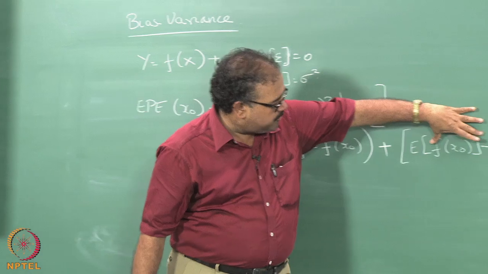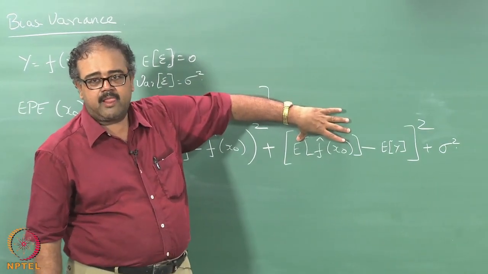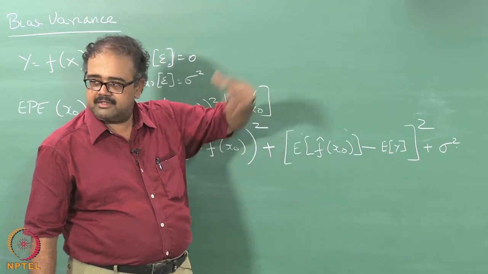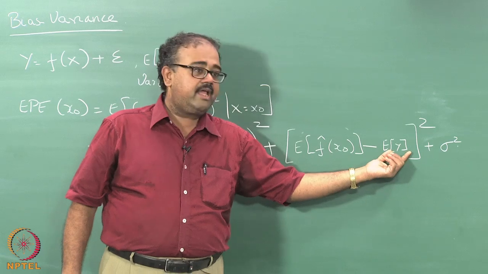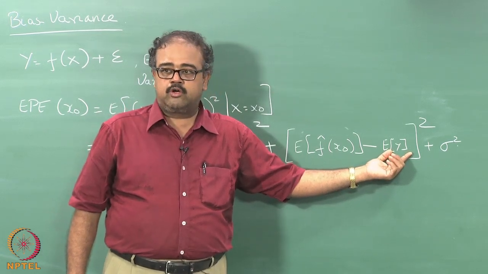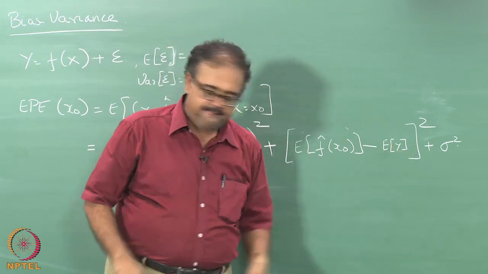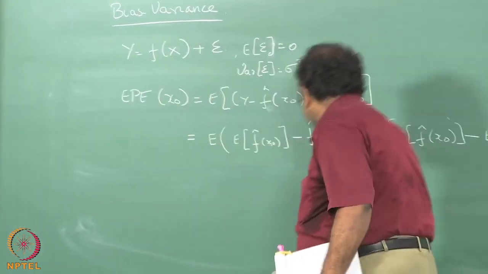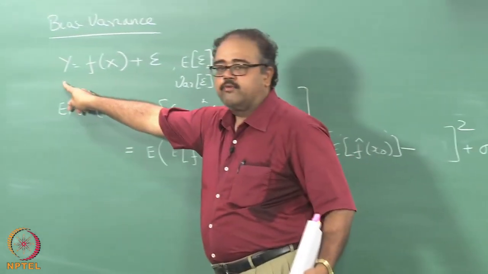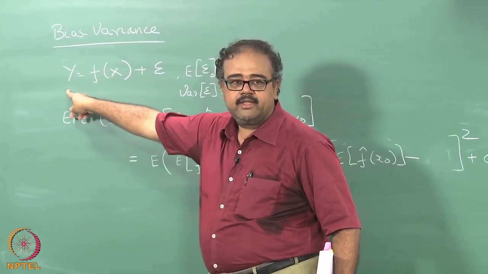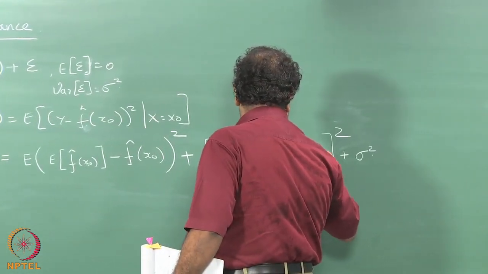The other component is: look at the expected prediction I will make for x naught, taken over multiple training instances, and what is the expected true output I am going to get? It is the expectation of y, and what will that be in this case?